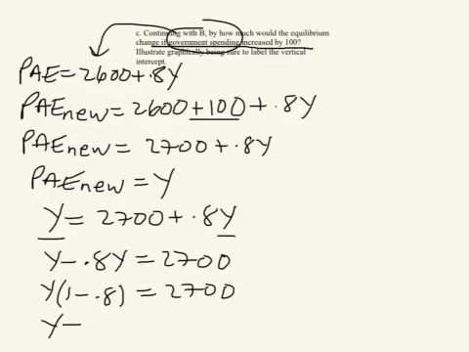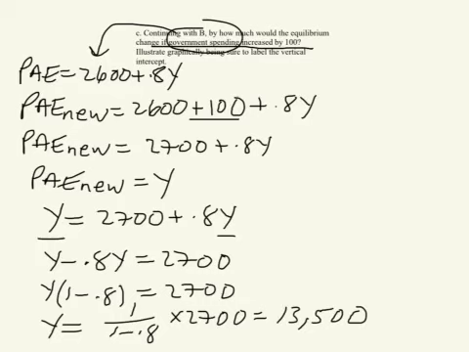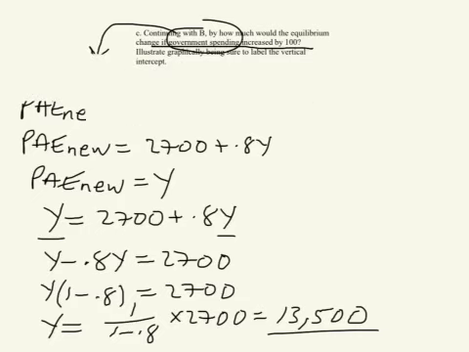So y, divide both sides by 1 minus 0.8, is equal to 1 over (1 minus 0.8) times 2,700. So that's going to be 5 times 2,700, which is 13,500. That's the equilibrium. Now it's asking you to graph it, so I'm going to erase this, give myself some room.